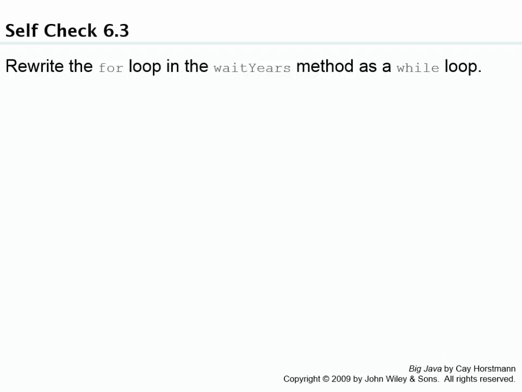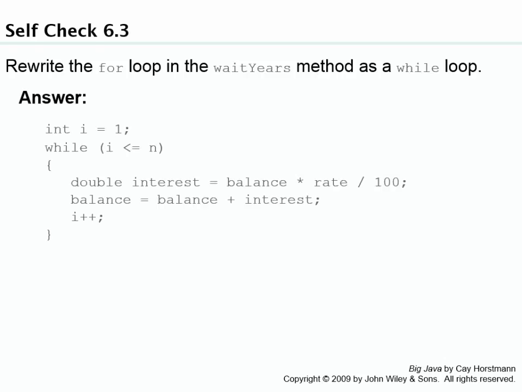So if we were to rewrite the for loop in waitYears into a while loop, which you can do, right? Because a for loop is just a specialized form of the while loop. What would that look like? Like this. Now we don't use a for loop, so we have to do the initialization, the test, and the change of the control variable in 3 separate lines of code instead of 1 line of code.